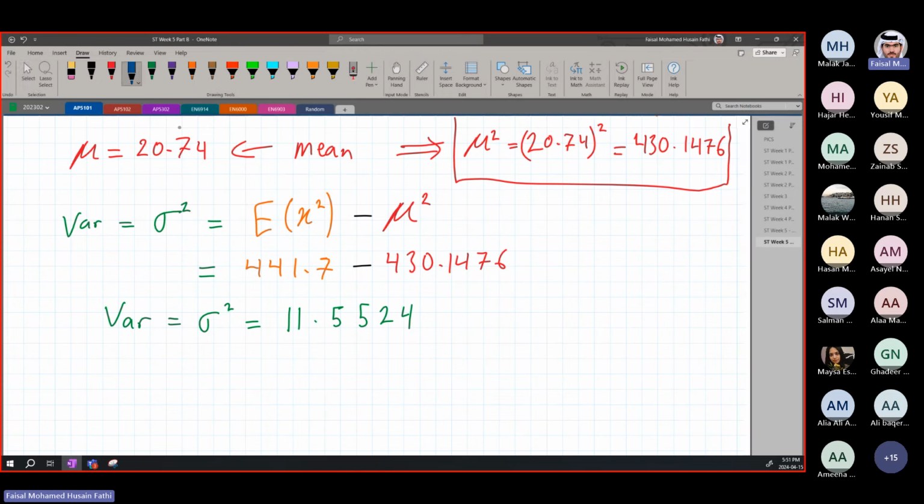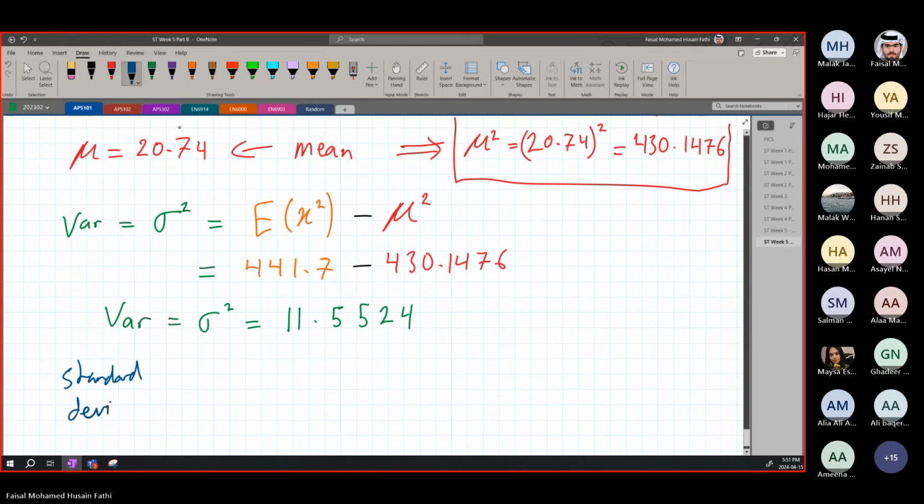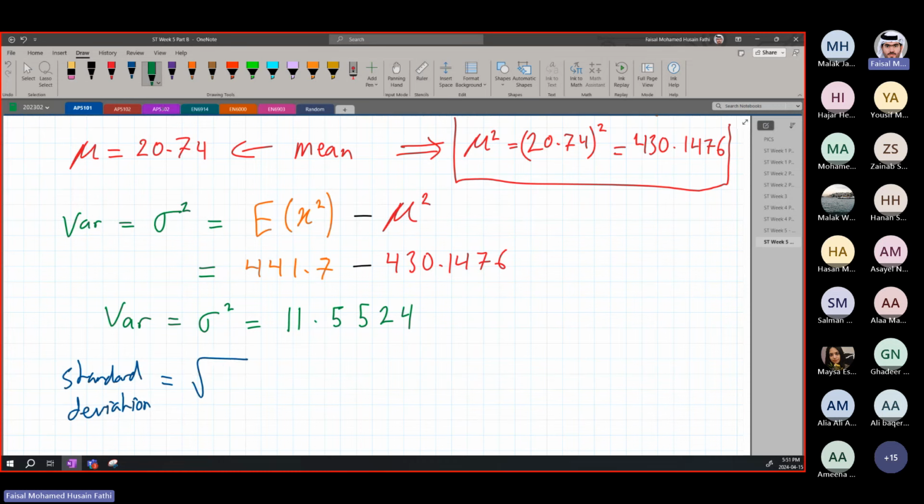Now to find our standard deviation, this is going to be equal to the square root of variance. That's it. Because it is given as sigma, it's equal to the square root of sigma squared, which is usually what we name our variance.